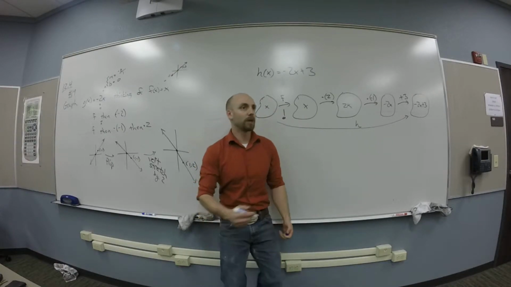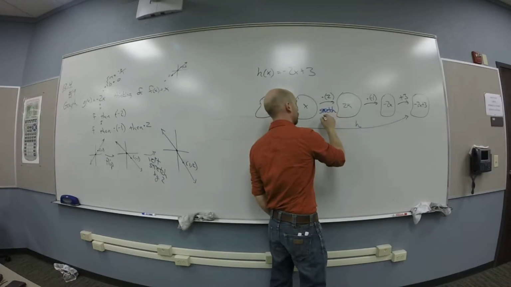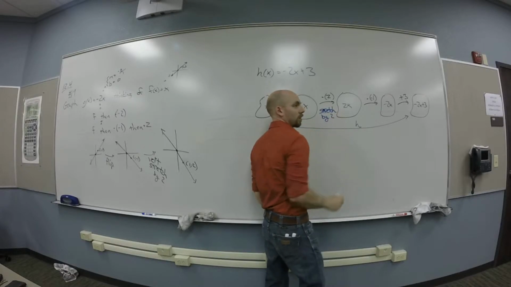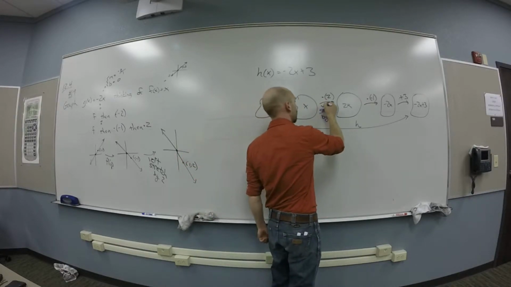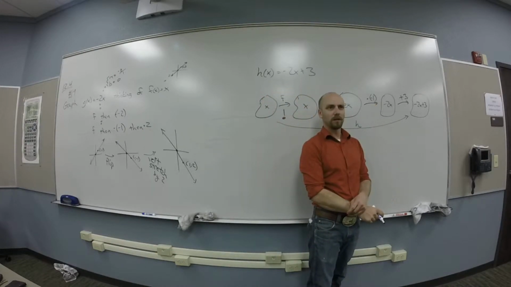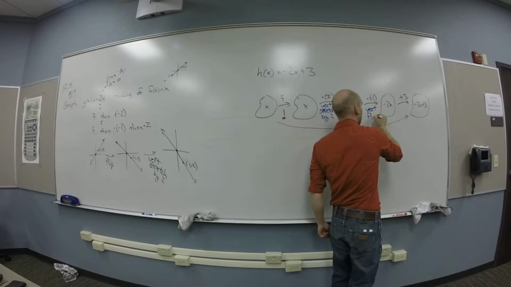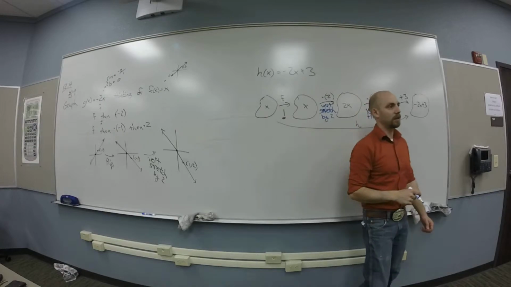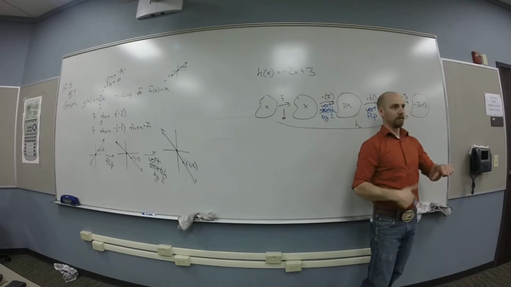Okay, that's a stretch by 2. What kind of stretch is it? Vertical? How about this guy? Multiply by -1 gives me a vertical flip. Very nice. And add 3 is a shift.